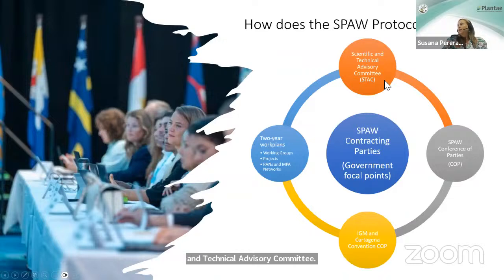Then these plans are endorsed by the SPAW Conference of Parties, and finally approved by the Intergovernmental Meeting and the Cartagena Convention COP. The implementation of these work plans is guided by a working group of experts, also implemented through projects and in collaboration with our regional activity networks and MPA networks in the region.